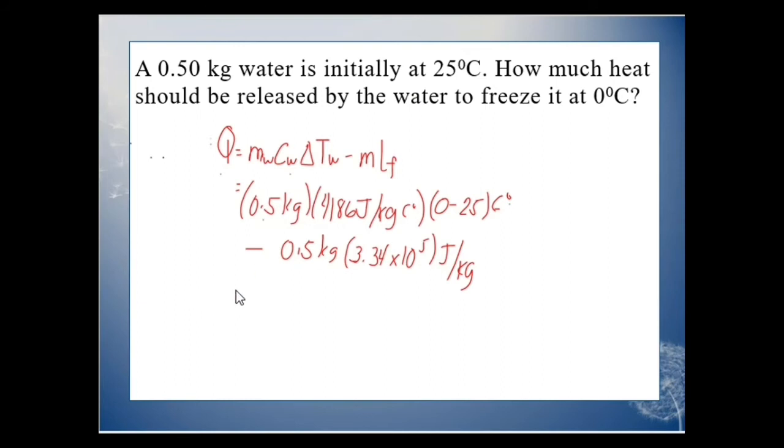So let's answer this one first before we analyze the units. Okay, our answer here is negative 219,325. Okay. Our unit is in joules.